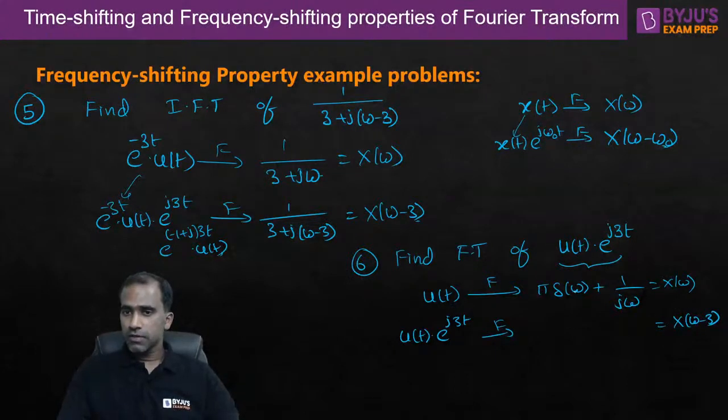So in this function, wherever omega is there, replace it with 3. So it is pi into del of omega minus 3 plus 1 divided by j into omega minus 3. Okay, that's it. Got the answer.